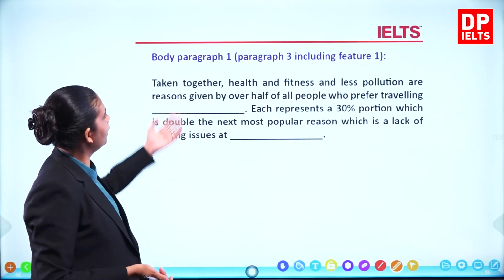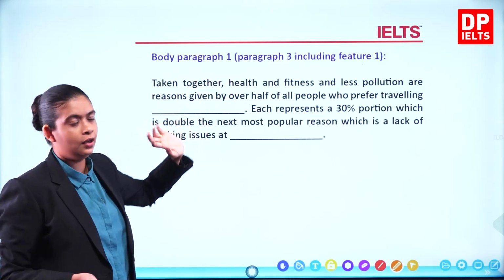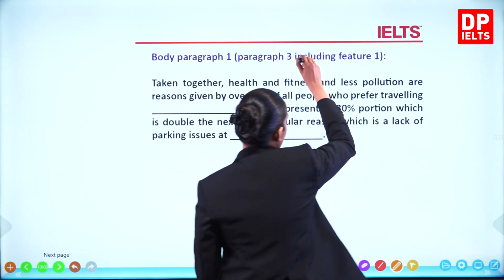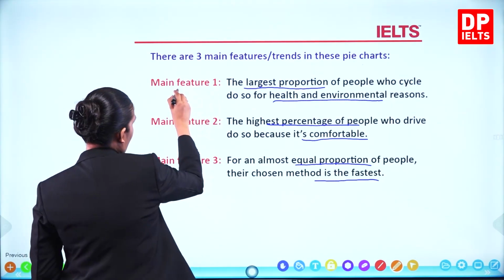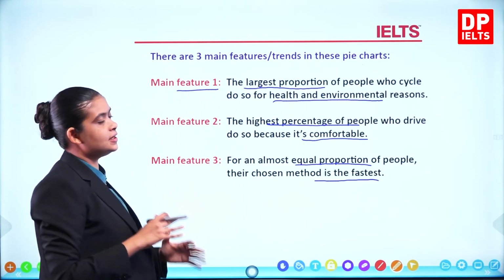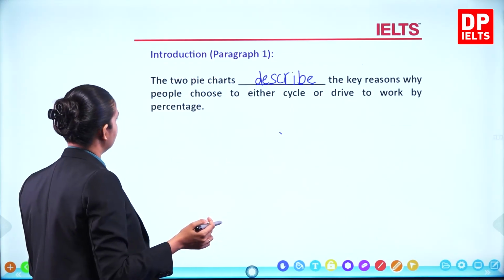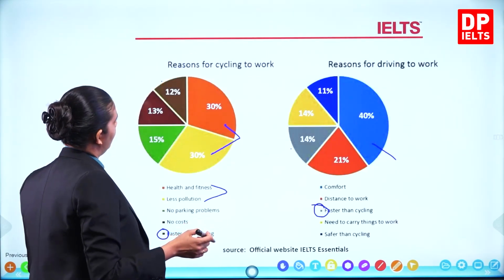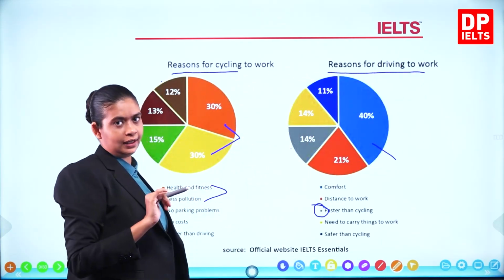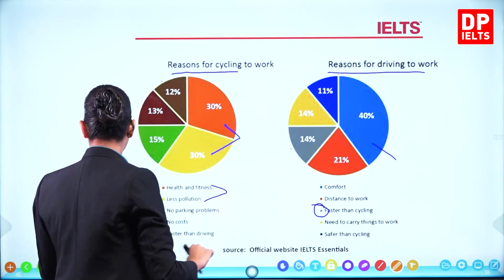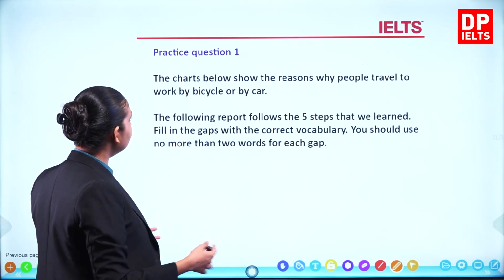So moving on, my first body paragraph or detailed first para, which means the third one, will include feature 1. What is feature 1 now? The main feature here, right? Main feature 1. So you can categorize how you want to put these main trends, right? Or you could even categorize it by talking about these two pie charts separately. Okay, that's also okay. But because the question tells us to compare, right?